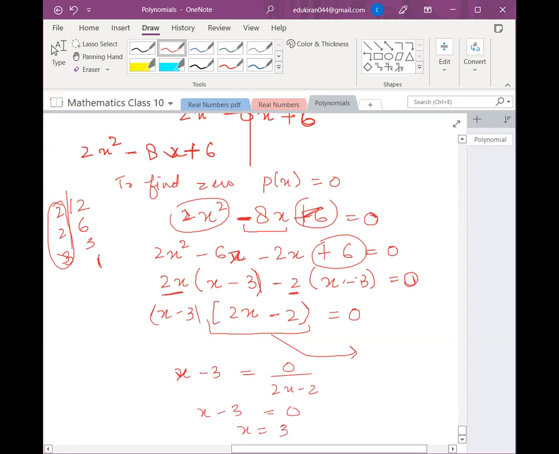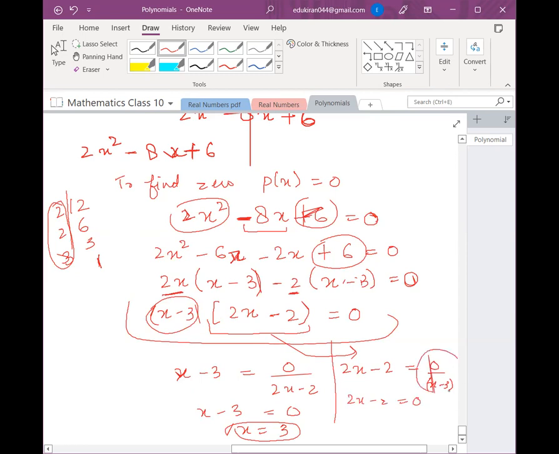So one value of x I have got. And after this step, I can also bring this x minus 3 in the denominator. So I will get 2x minus 2 is equal to 0 upon x minus 3, right? I can do both things after this step. One time I'll do this, one time I'll do this because I want to get two values of x. So this will become 2x minus 2 is equal to 0.